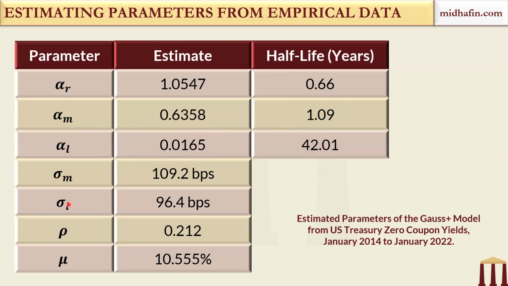Now, these volatility estimates are also quite meaningful. You have sigma m as 109.2 bps and sigma l as 96.4 basis points. These drive the term structure of yield volatility, which we saw earlier. Despite high factor volatility, the mean reverting nature dampens the overall yield volatility. And rho is estimated to be 0.212. Finally, the estimated mu is 10.555%.